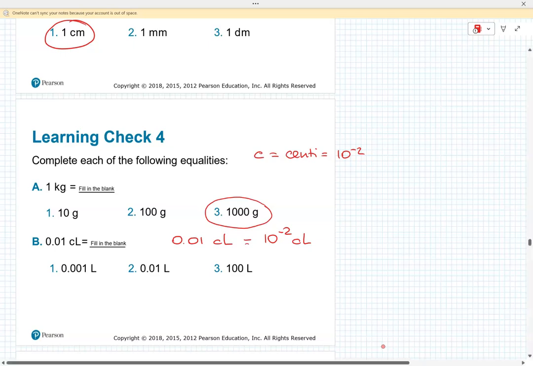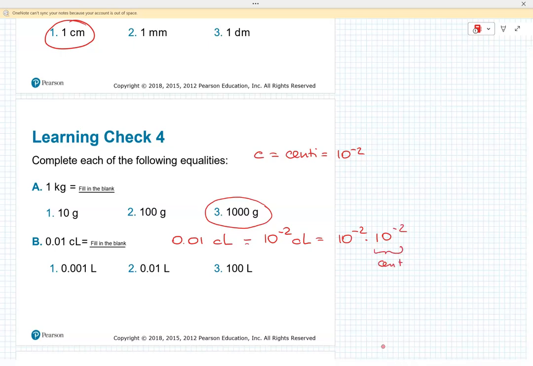Good? So what we can do, we can say now that it's 10 to the negative 2 multiplied by 10 to the negative 2.